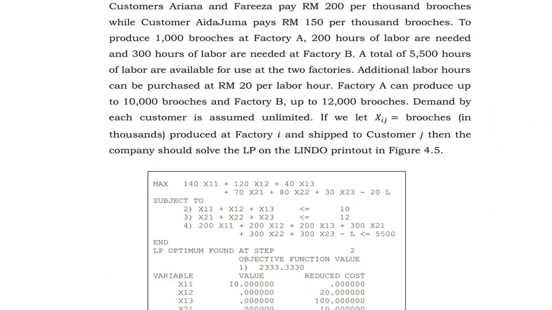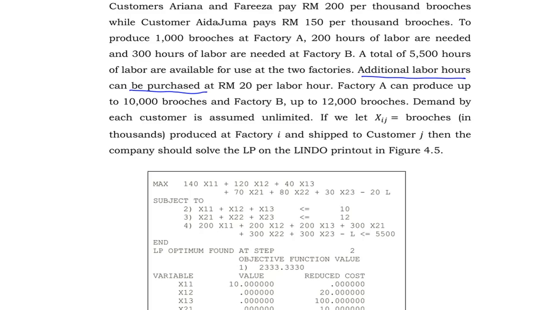Because here it is mentioned that additional labor hours can be purchased at 20 ringgit per labor hour. So if the company decided to add labor hours, you need to consider that cost to be included in the objective function.